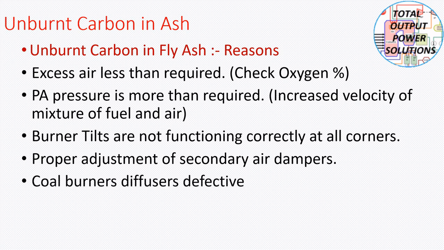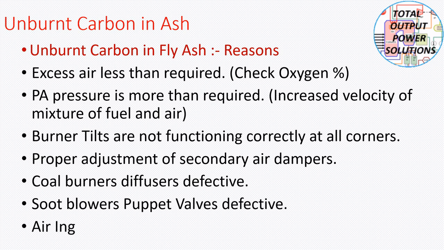Then the PA pressure may be more than required. Some 800 millimeters of water column may be the PA pressure, or whatever is the design pressure that you should maintain. If it is more than that, it may carry the particles beyond the furnace combustion zone.